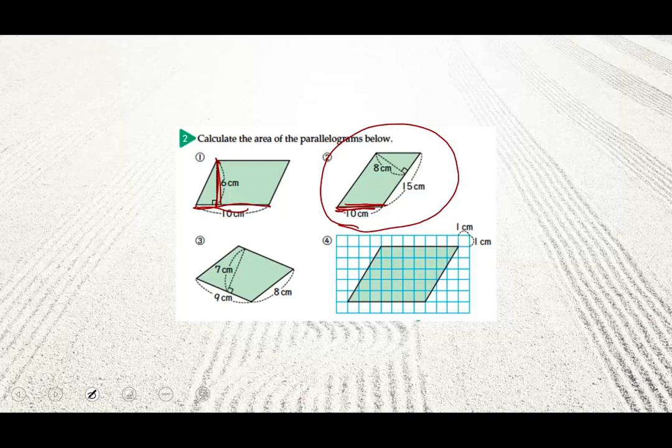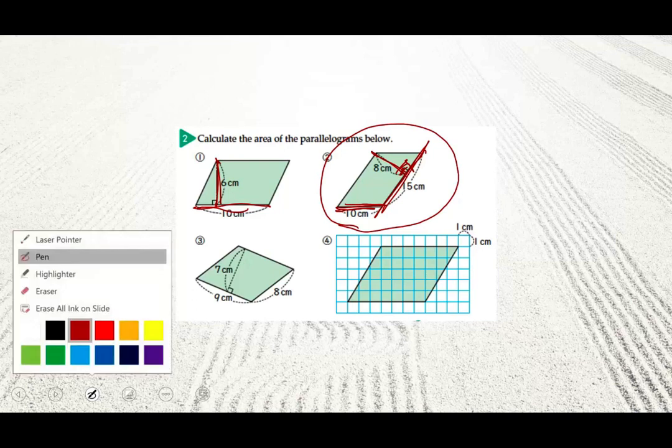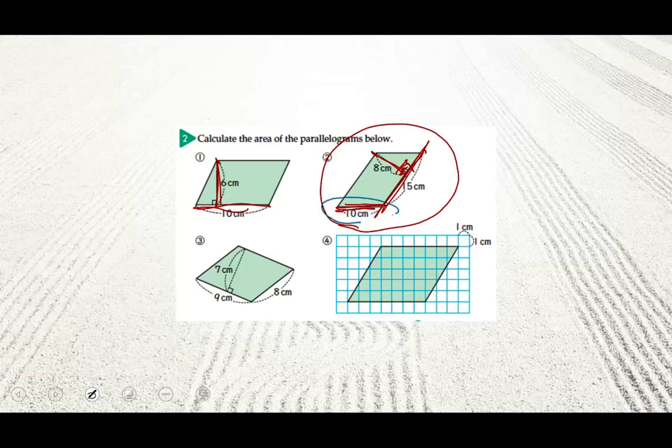If you really understand this, this is the base and this is the height because this is perpendicular. So we want students to identify which is the base and which is the height. One of the misconceptions is that students always say the base has to be this, because this is the base, but it's not. The base and height are a relationship.